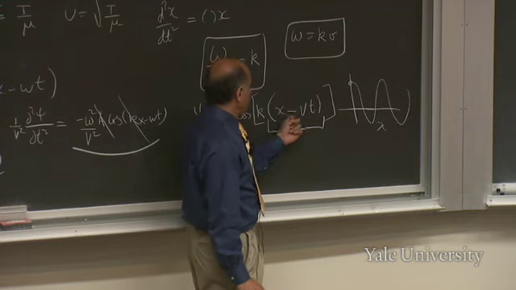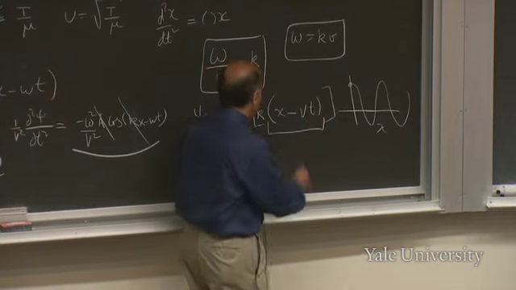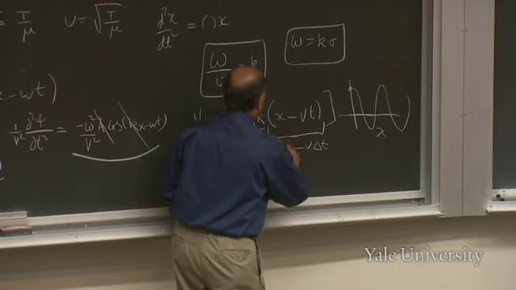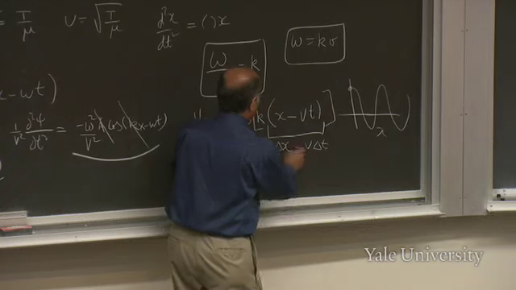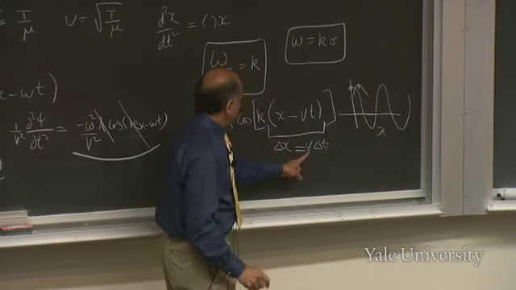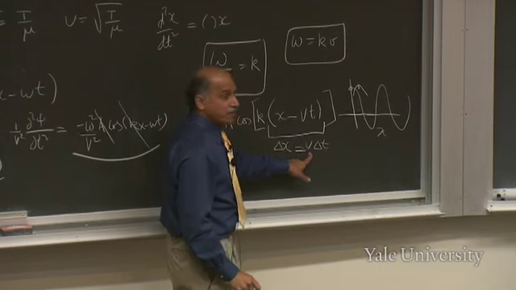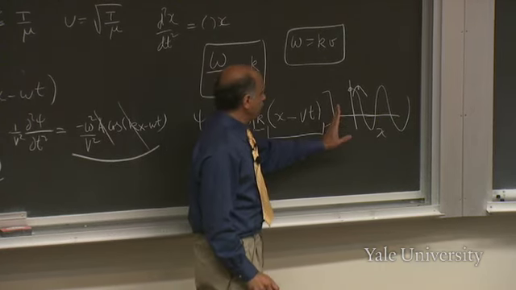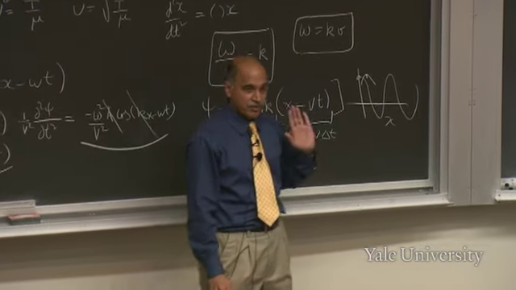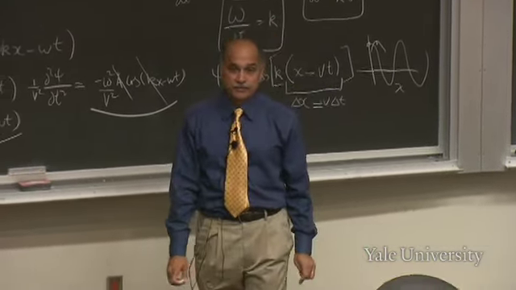Originally x was at 0 and t was at 0, you're at a maximum. A little later, after some time delta t, if you go to the point delta x so that these two numbers cancel, you're still at the maximum. But that means delta x over delta t is v. That means if you move to the right, after time delta t, you will catch the crest. That means the crest is moving at the velocity v.